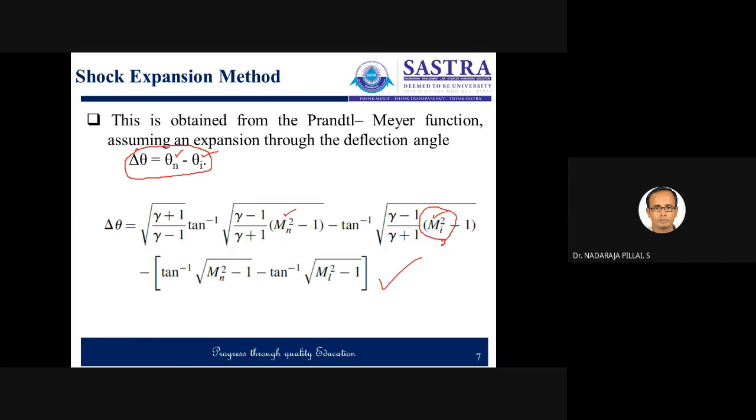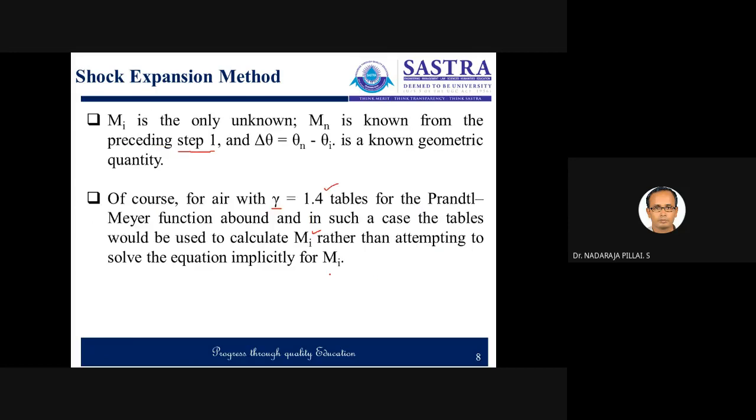Because here you see Mi can be calculated directly, because we know del theta, we know gamma. Assume that gamma is equal to 1.4, then we can use the same table. Mn is known, the only unknown is Mi, so we can calculate Mi.